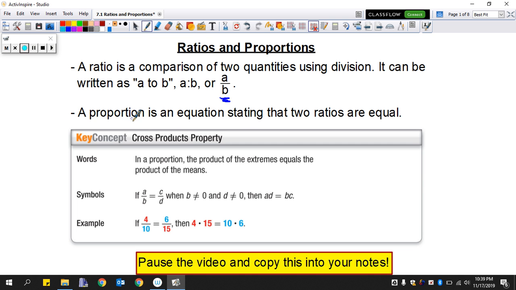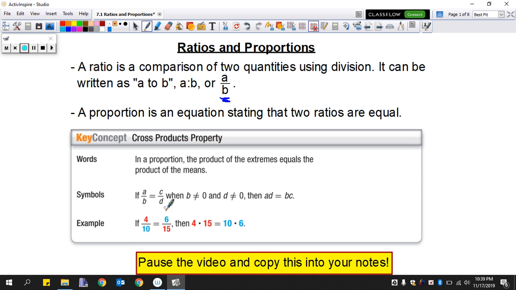A proportion is an equation that states that two ratios are equal. In words, in a proportion, the product of the extremes equals the product of the means.